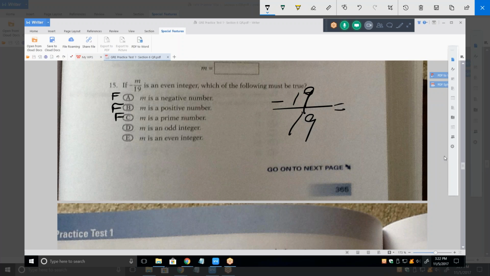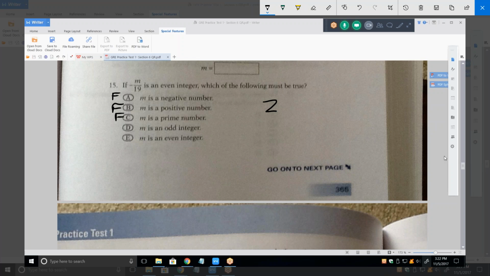And that gives you minus 1, which is not an even integer. And any multiple of that, well, that's clearly not a prime number. Nor is 57, nor is the next one up. And so all multiples of 19, none of them are going to be prime numbers. Correct. So m is an odd integer.